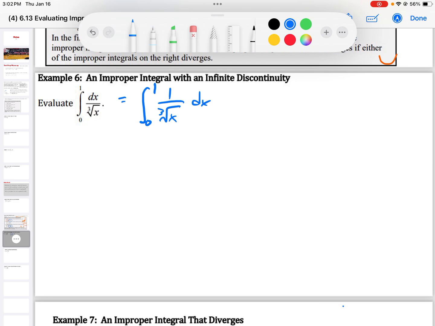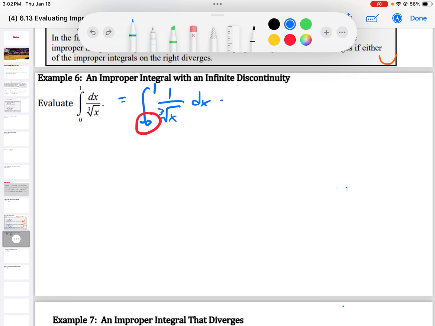So if I plug in 0, I'd have 1 over 0. So my infinite discontinuity is right there at 0, on the left side.